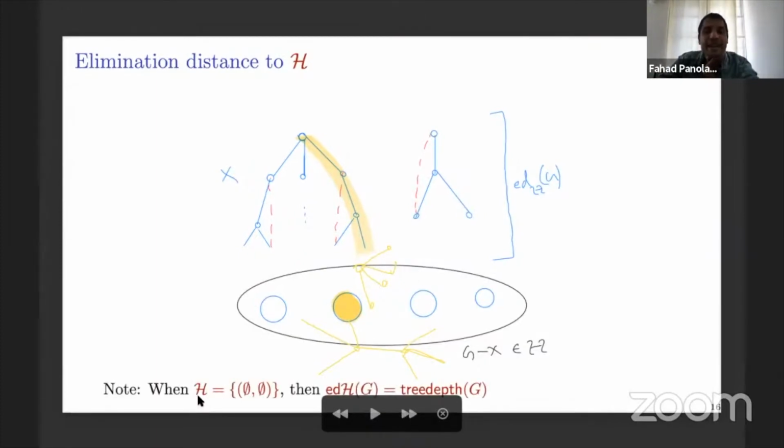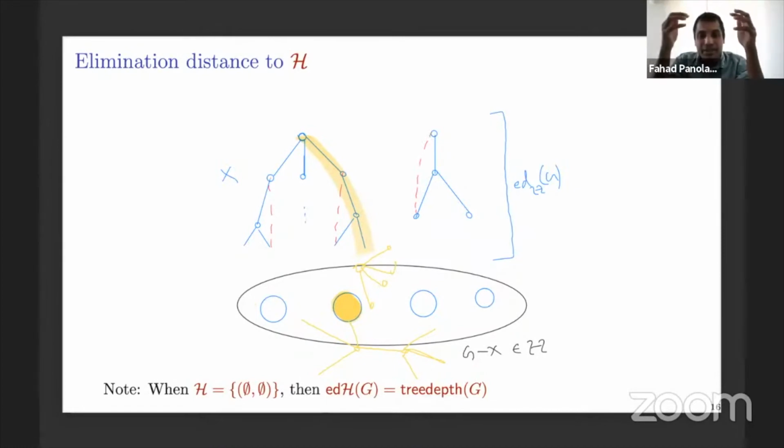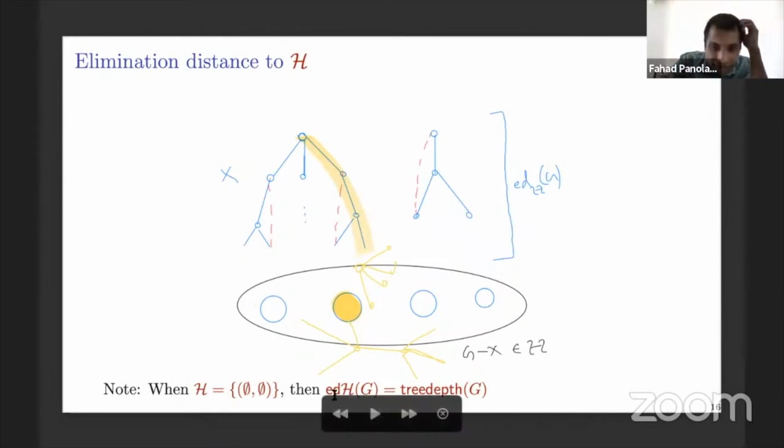Now, when H is the empty graph, which means that at the bottom I don't have anything, the elimination distance of a graph to H, where H is a subscript here, there is a typo, is the tree depth of G. What is the meaning?